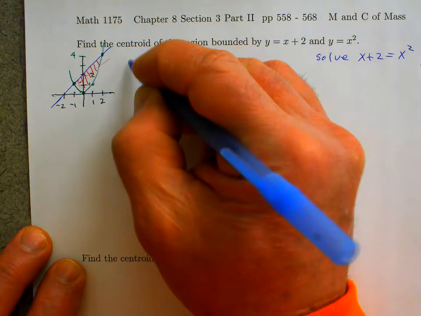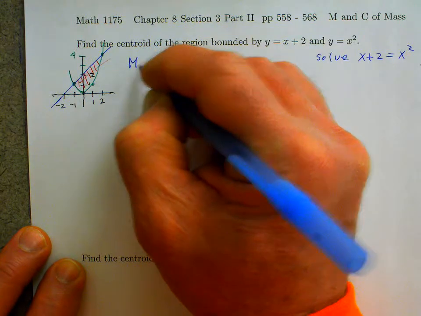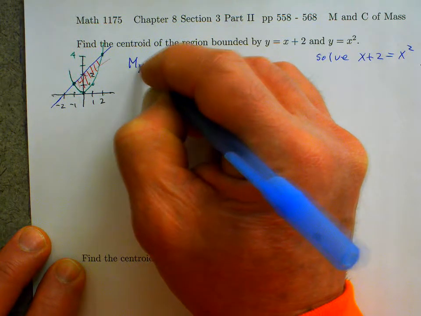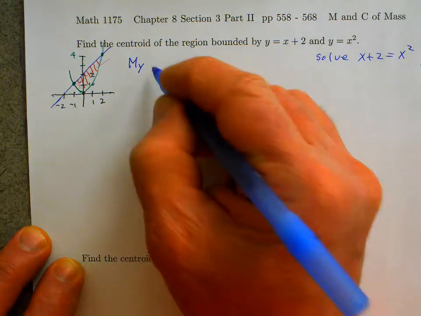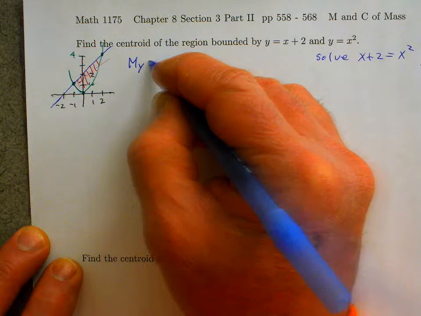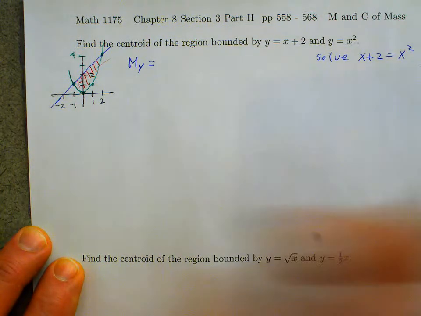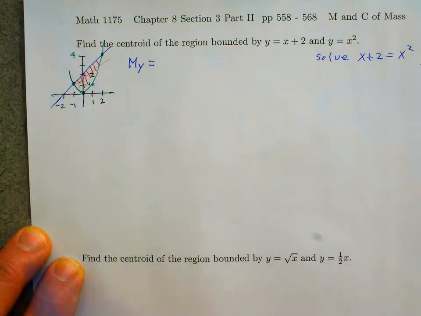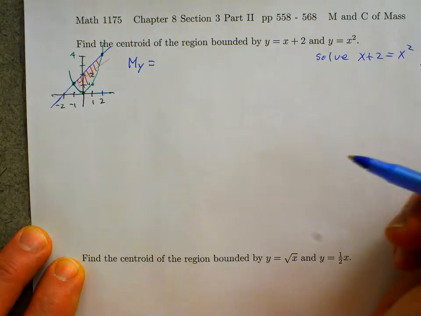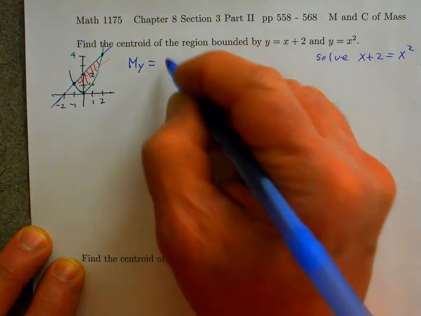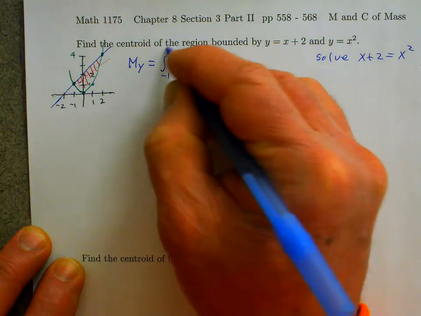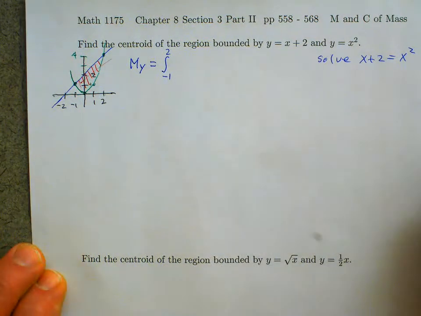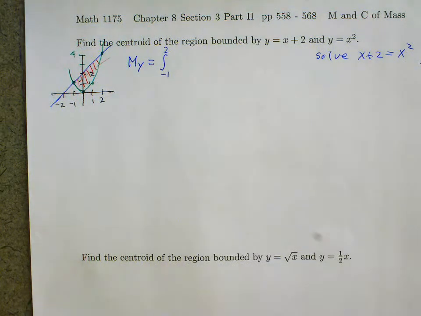So when we find the moment of that region about the y-axis, I'll just omit rho and assume rho is 1. We have a definite integral from -1 to 2 of x times f of x minus g of x.